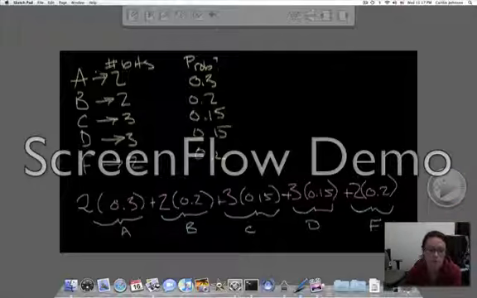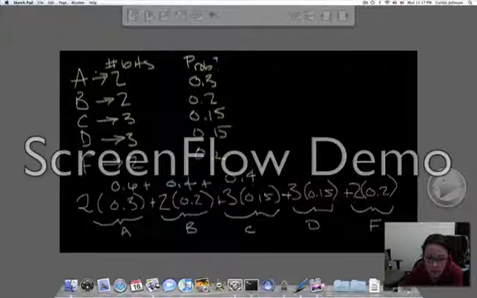This gives us 2 times 0.3, which is 0.6, plus 0.4, plus 0.45, plus 0.45, plus 0.4.